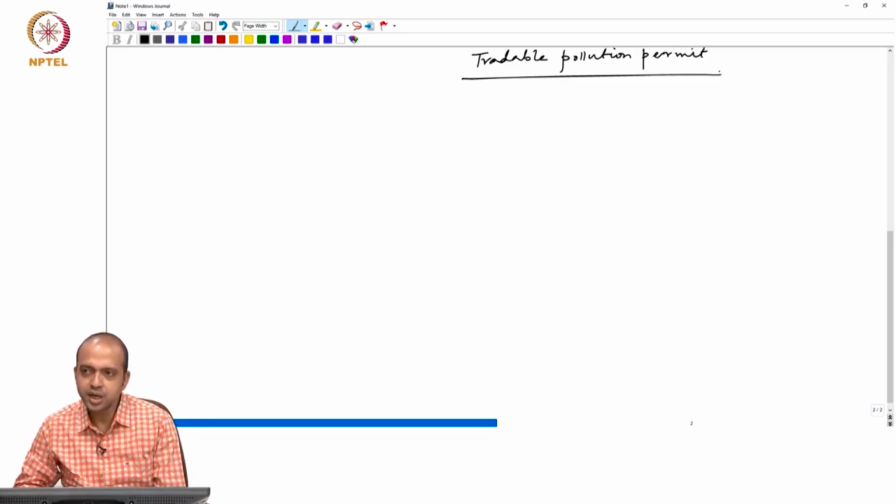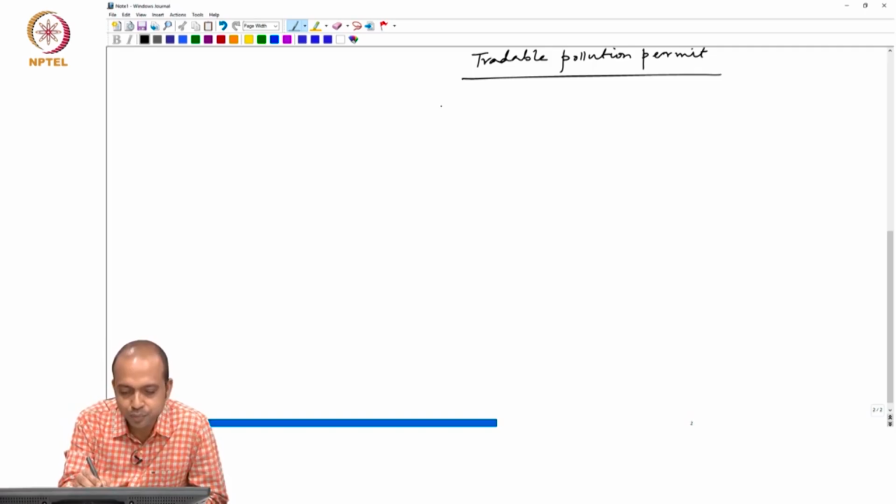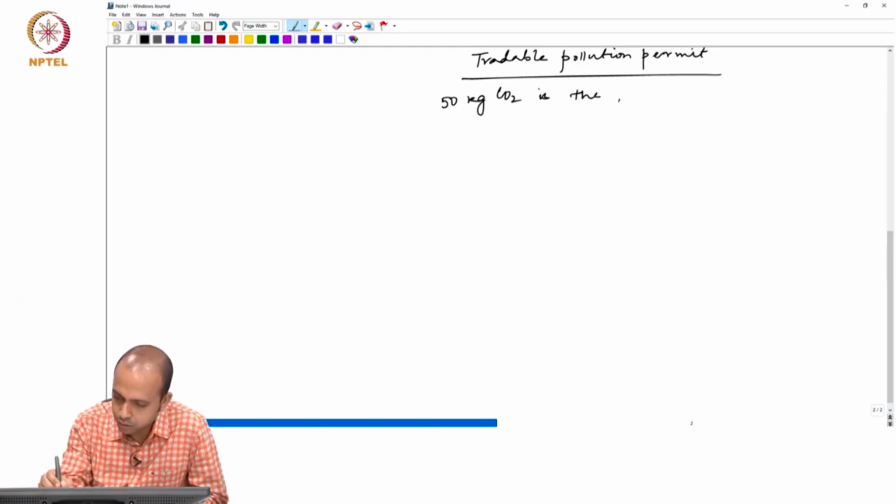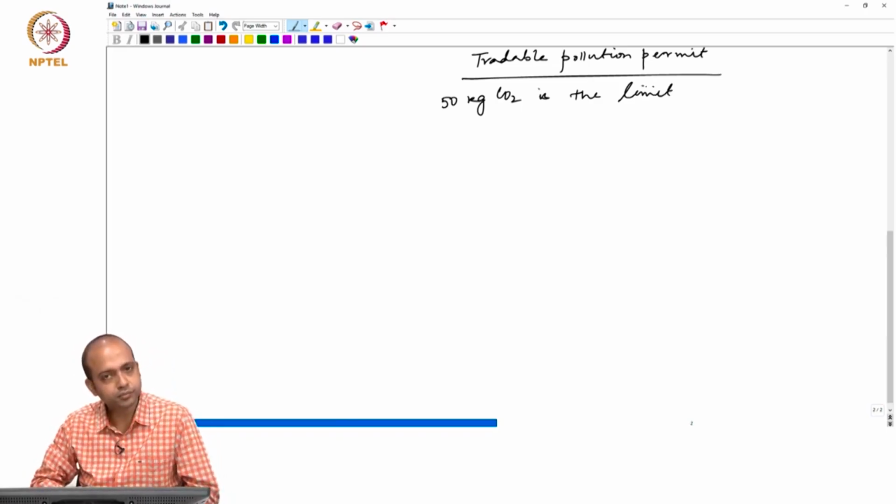What is the idea? Let us say that in a given period of time, as we have assumed, 50 kg of CO2 is the limit.